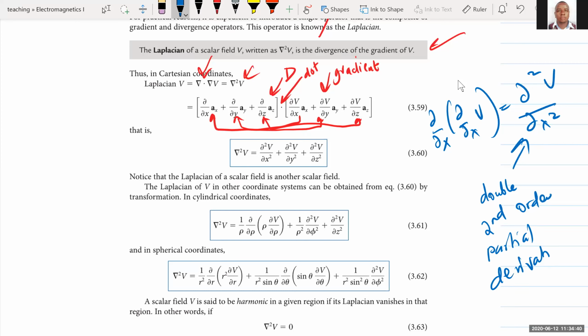So again, that is not new. In your mathematics, you must have met those concepts. It will just become del squared V over dx squared, etc. So that is the definition of the Laplacian operator, which is the Laplacian of a scalar in the Cartesian coordinate system.